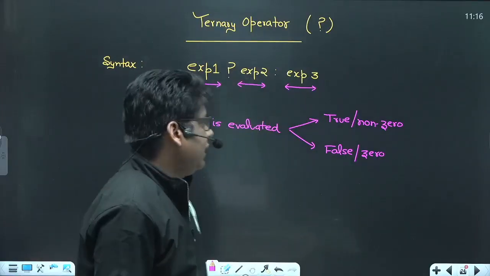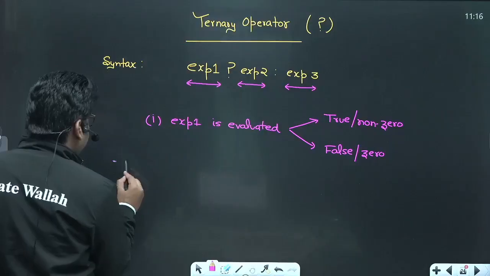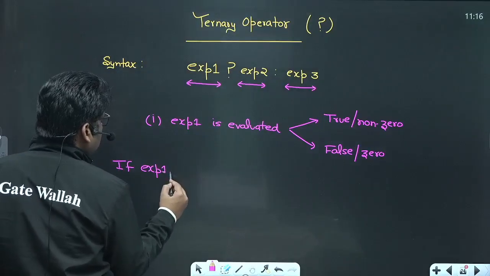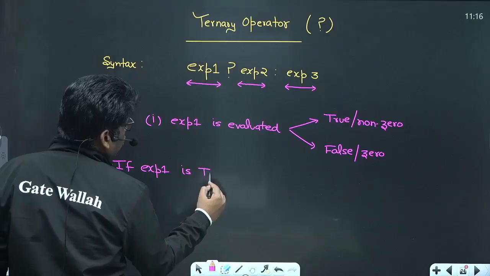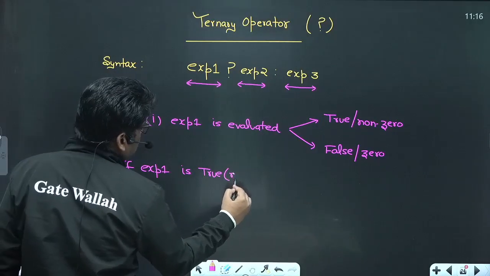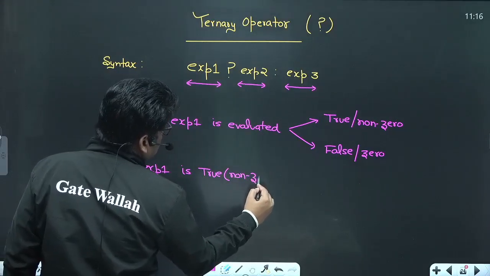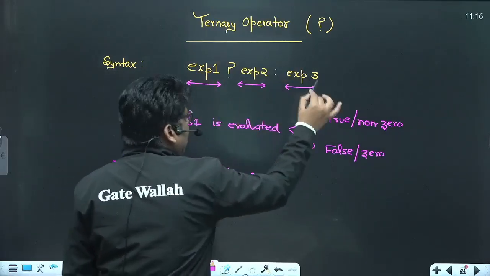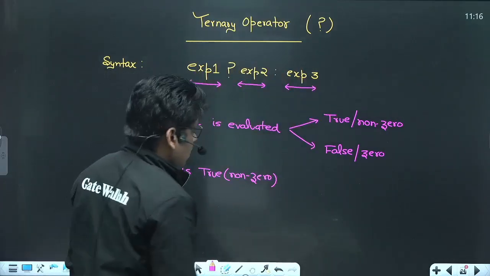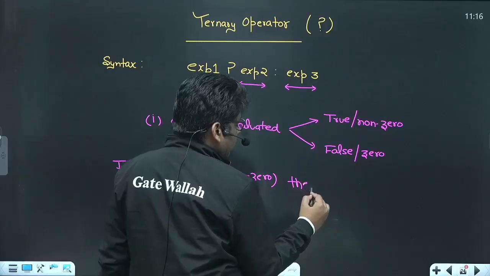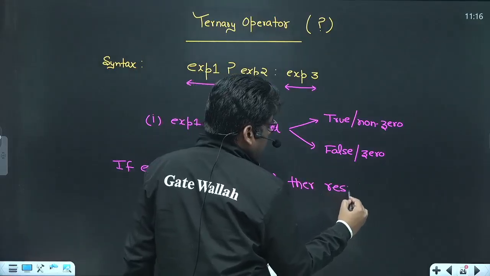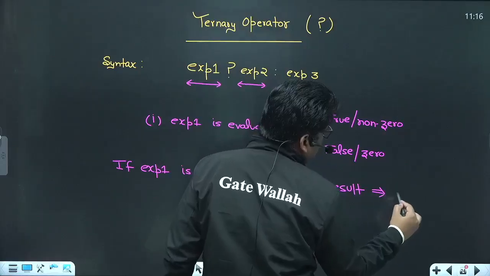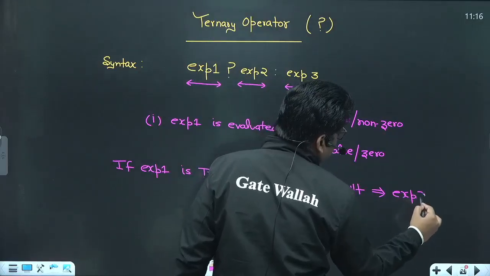So what we are saying is, if expression 1 is true or non-zero, the result or value of this entire expression is equal to expression 2.